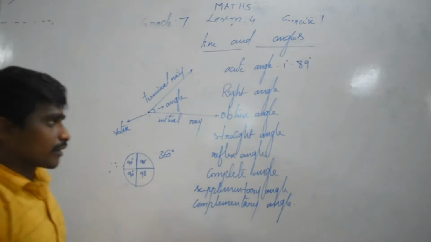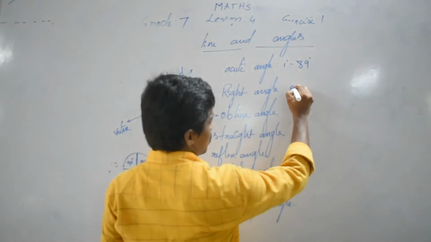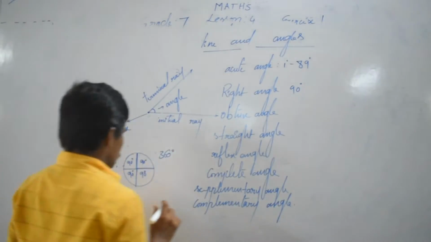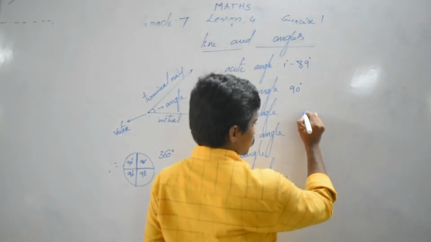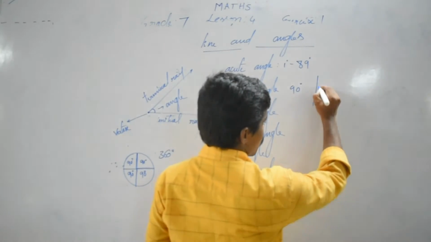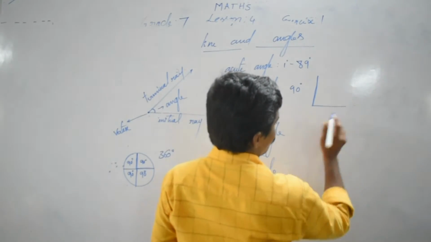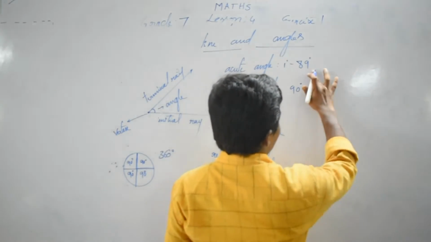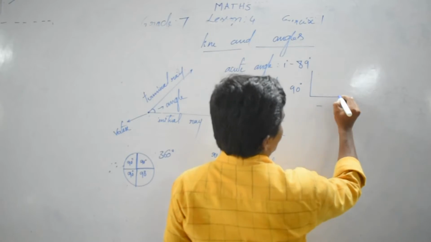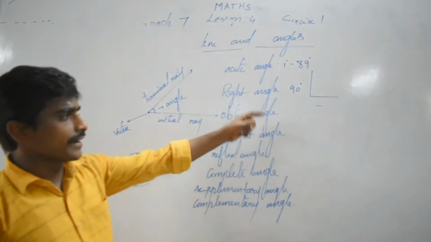Now a right angle is exactly 90 degrees. It is like an L shape. What is this letter? This is a right angle.